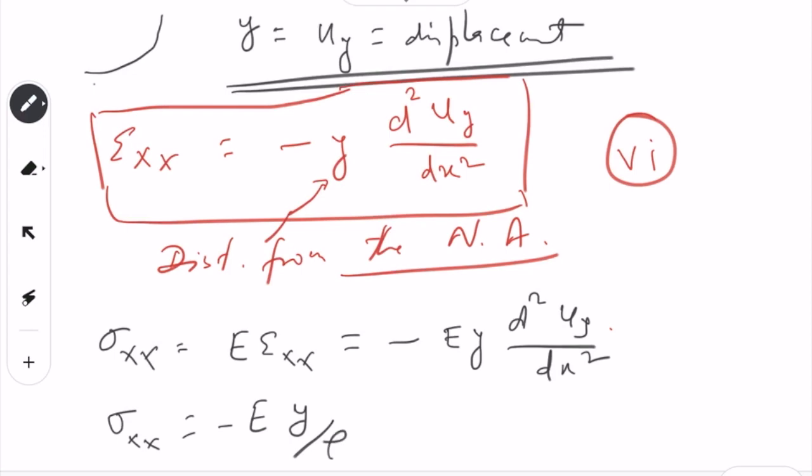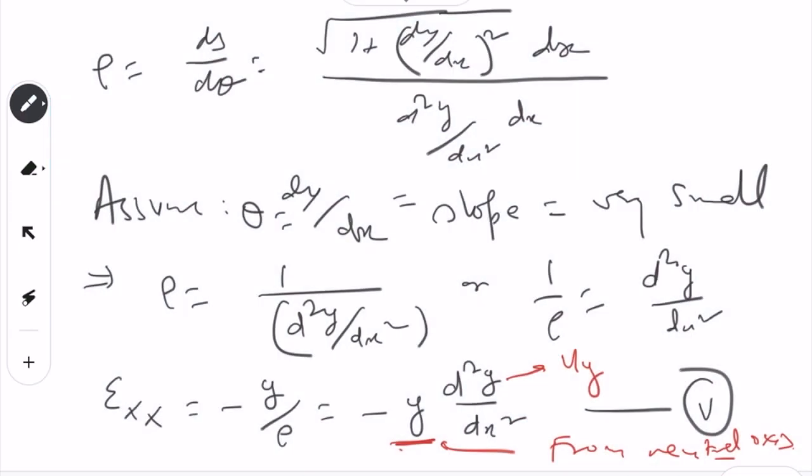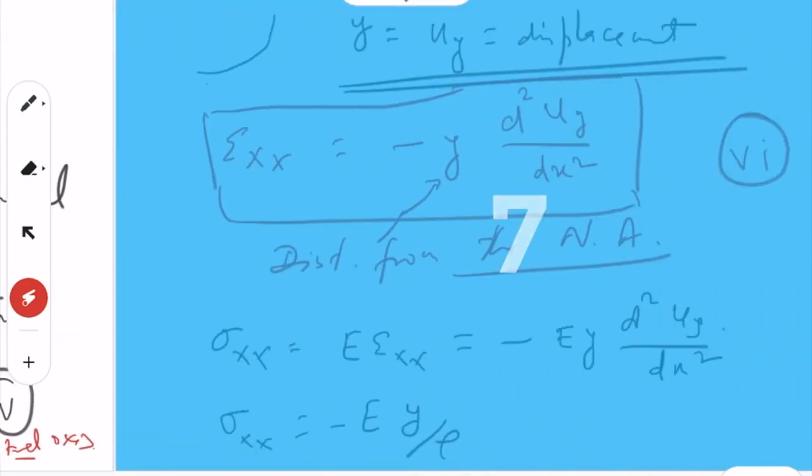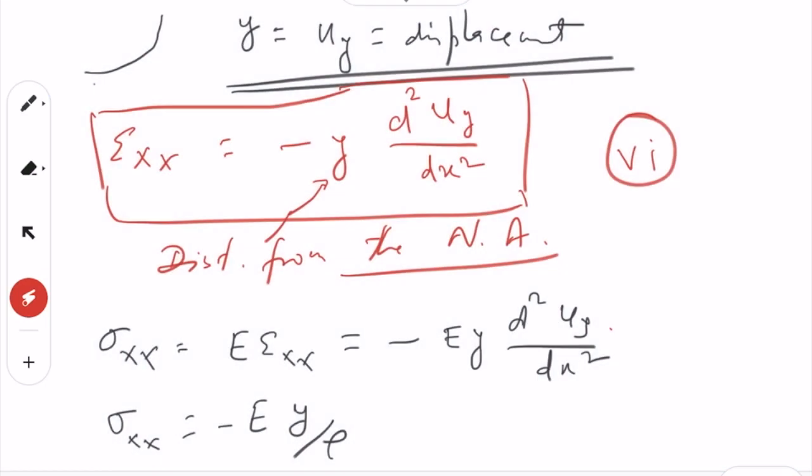So this is equal to minus y over rho, and multiplied by E you get the sigma. Now what you have to do is find out M. If this is like this one, then M equal to what?